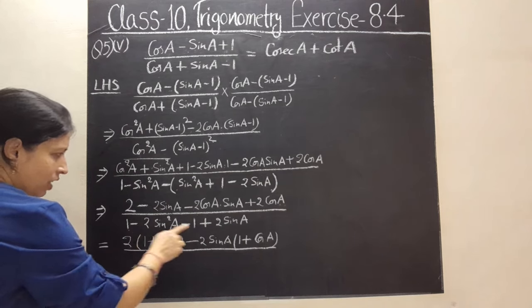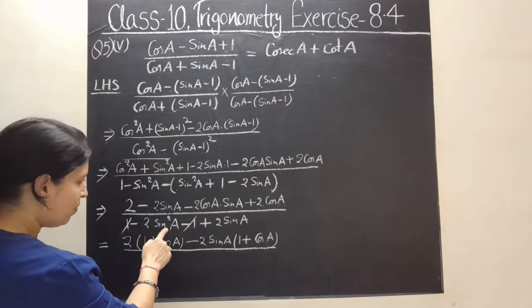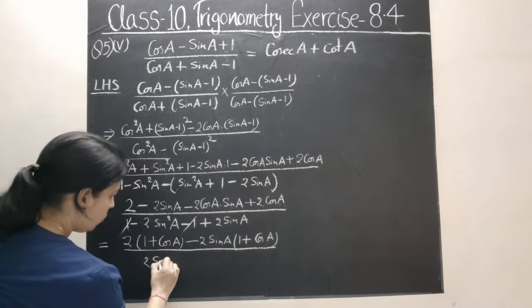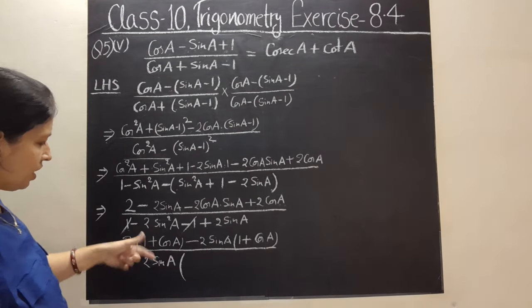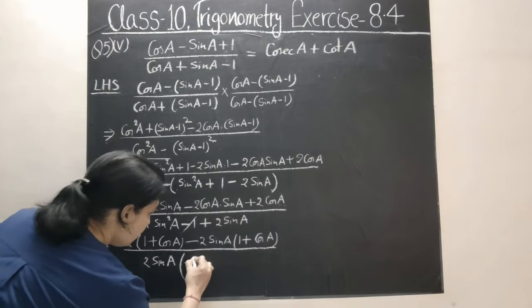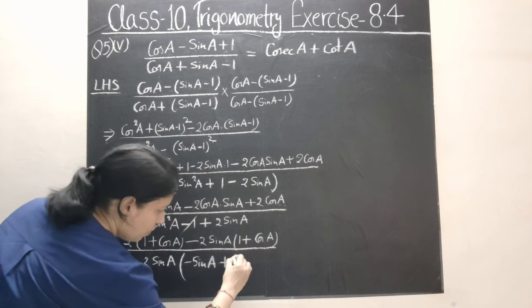This one is plus 1, this one is minus 1. So 1 minus 1 is 0. So take common from here 2 sin a. Then if you take common 2 sin a, then here it will come, क्या आएगा? minus sin a plus 1.